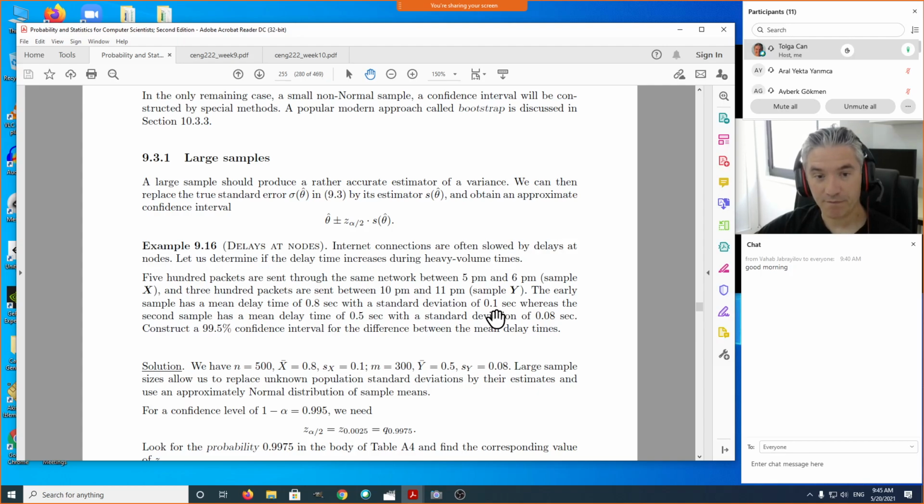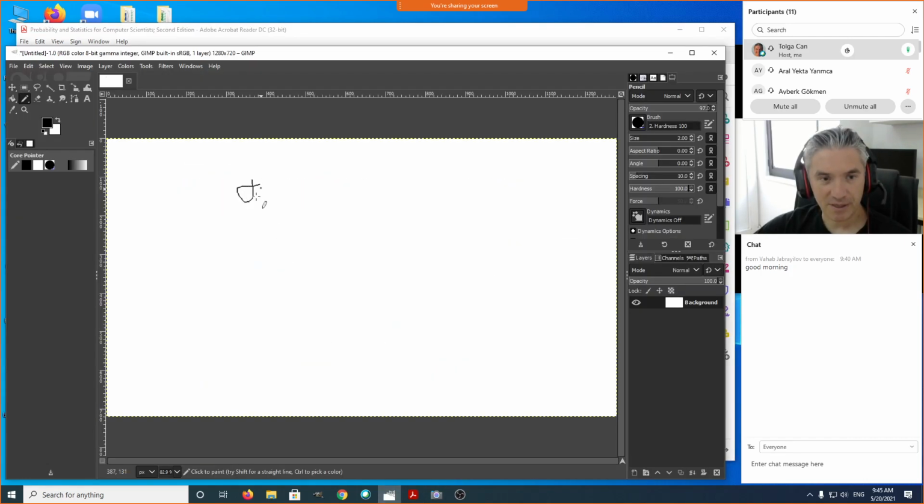So when your goal is, for example, to estimate the mean or to find the difference between means of two populations, you're going to be using this 0.1 and you have to divide it by the square root of the sample size. Remember, we had this sigma divided by square root of n, right?